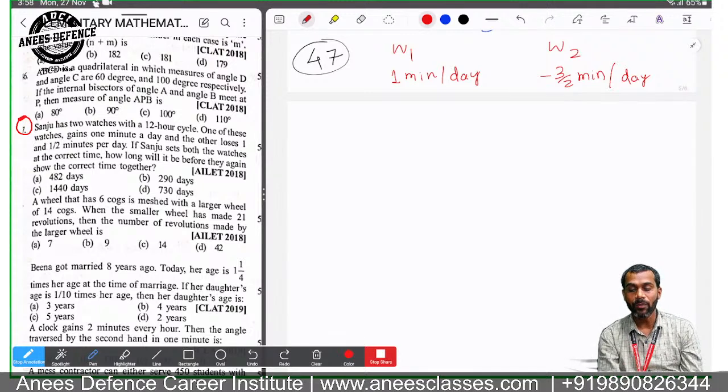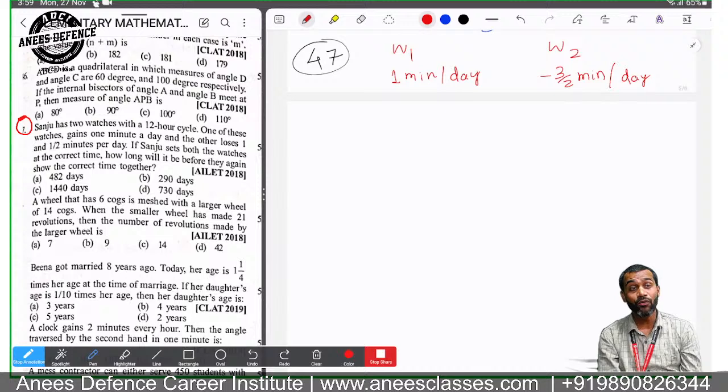It means how many minutes are there in 24 hours? Yes, that is 1440. Yes or no? In one day.